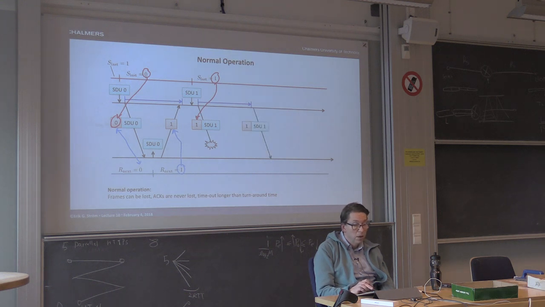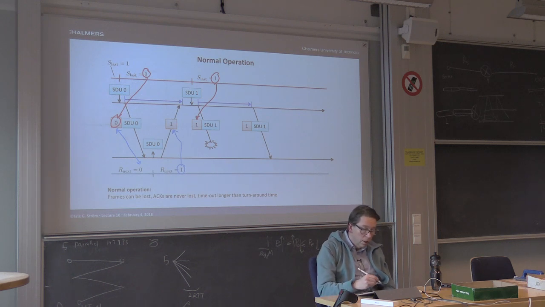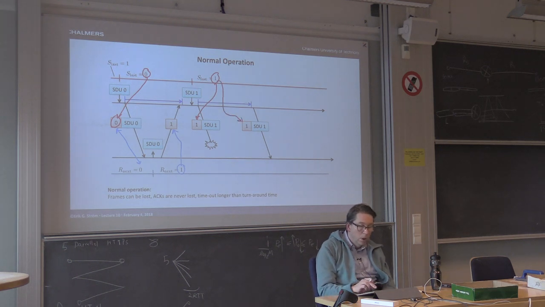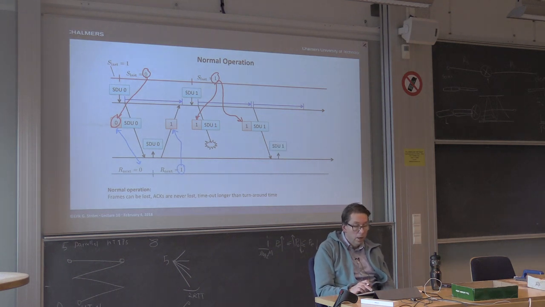Timeout hits and it retransmits using the same sequence number, of course. And then a timeout is started, and this happens to be received. The receiver then updates its state variable, right? It goes from 1 to 0 and transmits an acknowledgement with 0 in it. Okay?